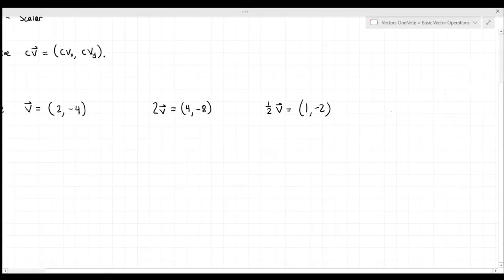And we can multiply the vector by any number or any scalar, so we can also multiply by negative numbers as well. So -1 times v would be the vector -2 and 4. Okay.